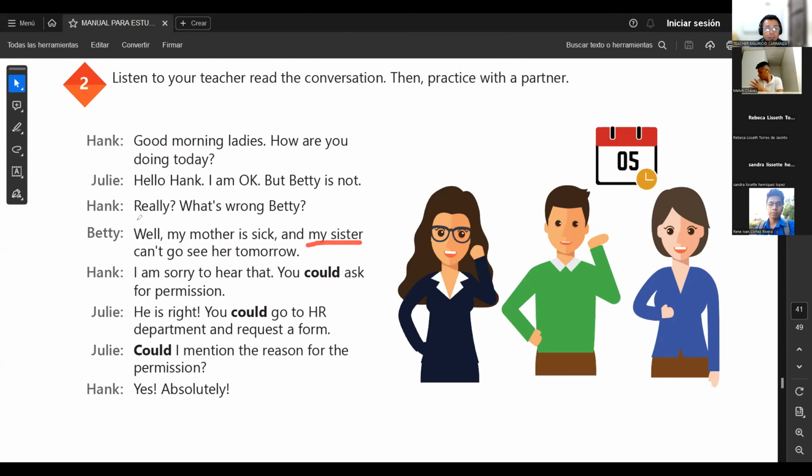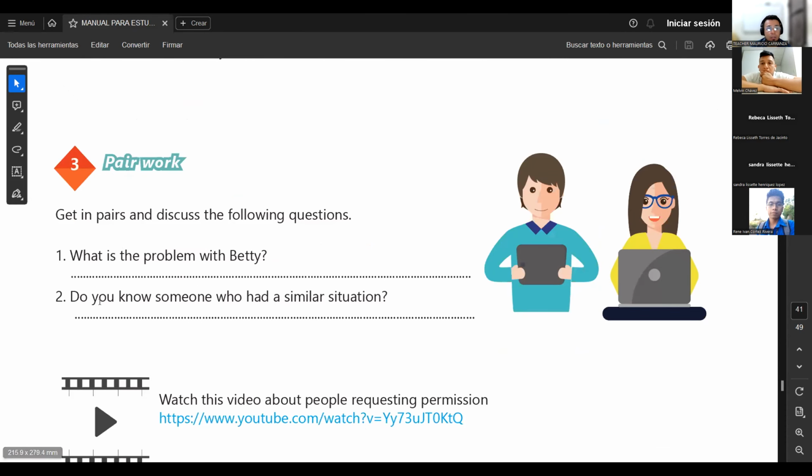Her sister, right? So her mother is sick and her sister can't go to see her. So I suppose she has to take care of her mom. Okay, and that's why she needs to ask for permission.